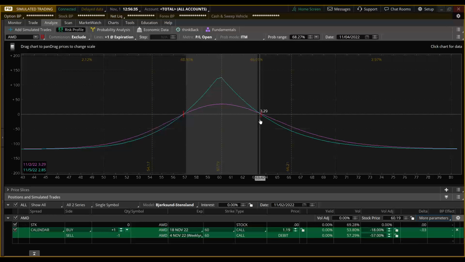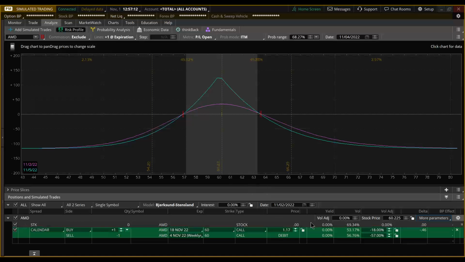I'm putting my cursor at the break-even point and reading what price my cursor is at, and it's at $63.51 right there, and it's at $57 basically on the downside. So if the stock stays within basically a 3-point range up or down, it looks like this could be a profitable trade. Now let's compare it to what the other alternative is, and that is the double diagonal.